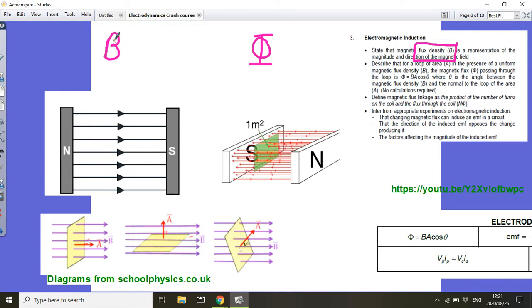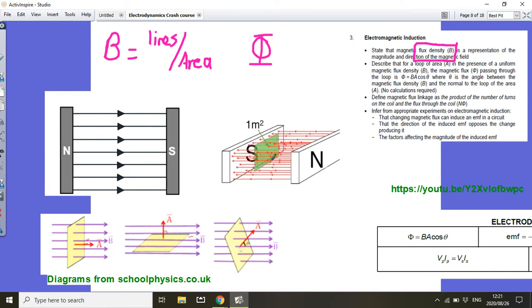Now, what is density? Let me just write it. It's the number of lines per unit area, so we can almost say lines per area. But flux is the total number of lines that pass through a specific area. So it doesn't have to be 1 square meter, it could be 2 square meters.